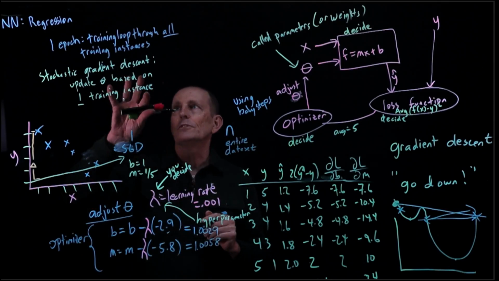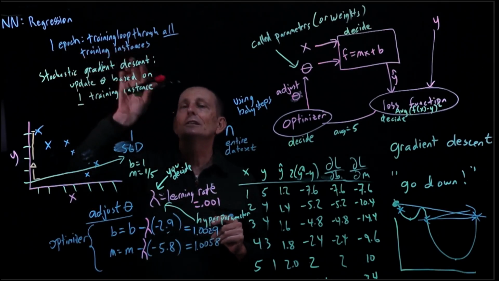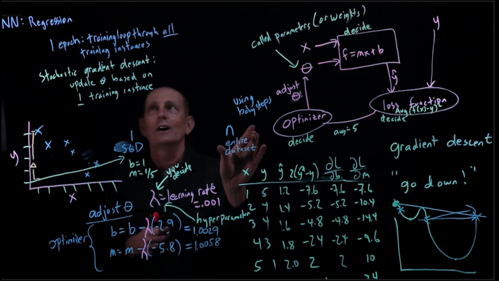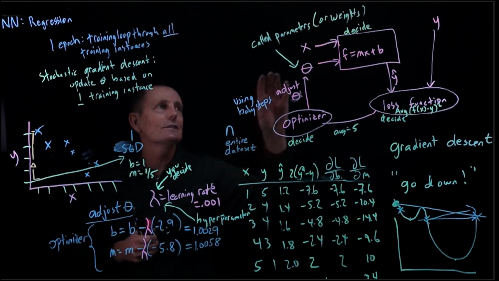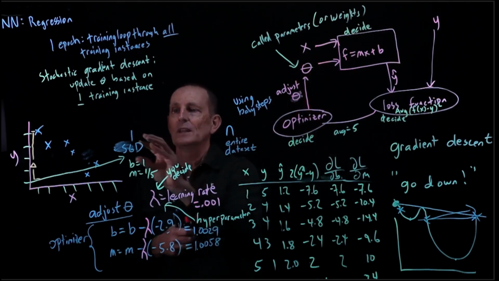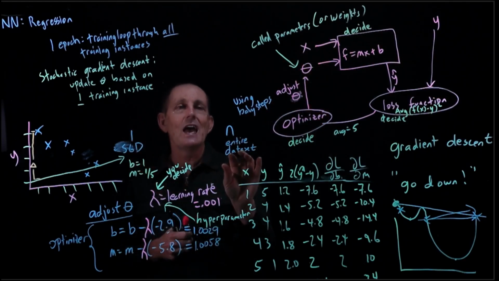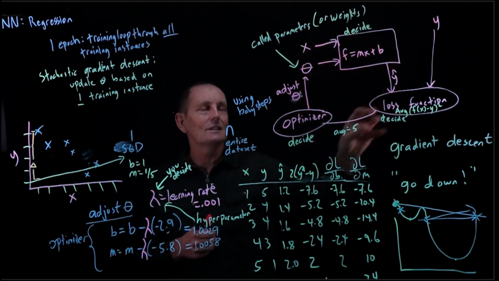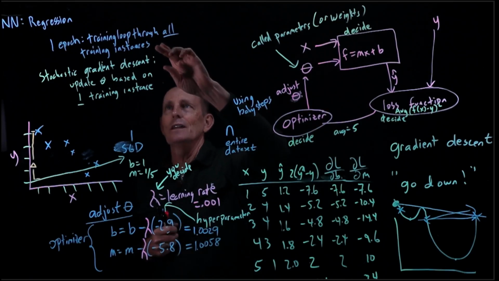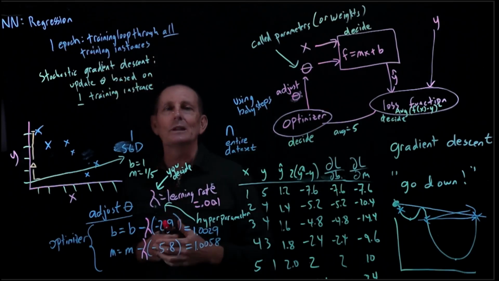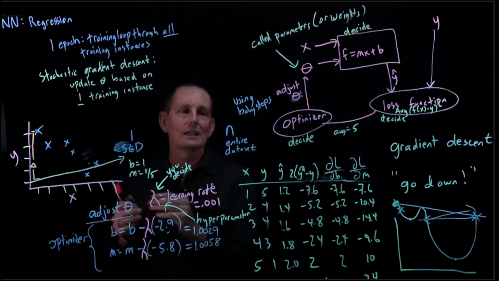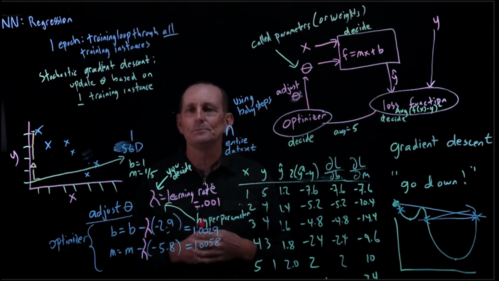Oh, first off, an epoch is still a training loop through all the training instances. In this case, a training loop through all the training instances means we do one training loop and we've gotten all the instances. In this case, if we have n instances, we have to go through this n times. Okay, n training loops. Okay, and that'll get us through all the instances, and that's one epoch. So one epoch is basically touching or looking at all of the training instances and adjusting theta based on it.